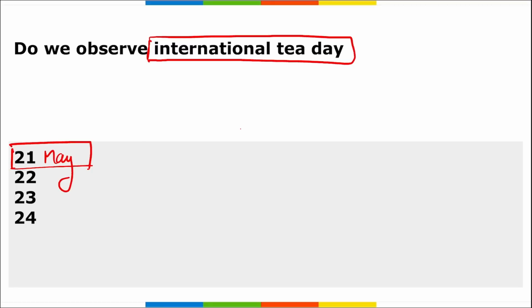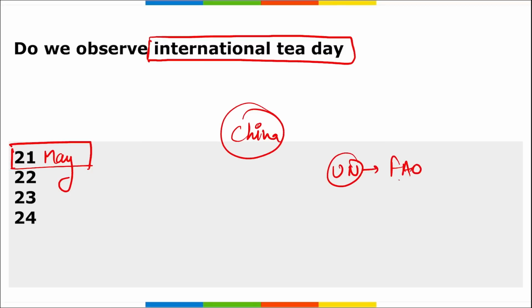Also remember, China is currently one of the largest producers of tea around the world, right? Then remember, the day is observed by a United Nations branch, that is the Food and Agriculture Organization, FAO, correct? And the first official UN sanctioned International Tea Day was observed in the year 2020.